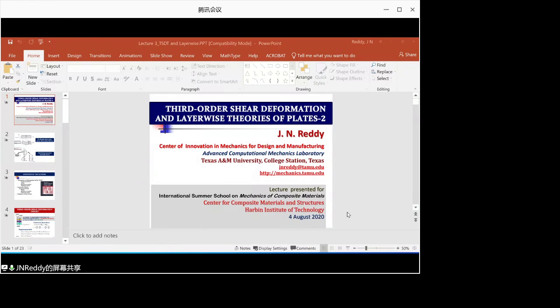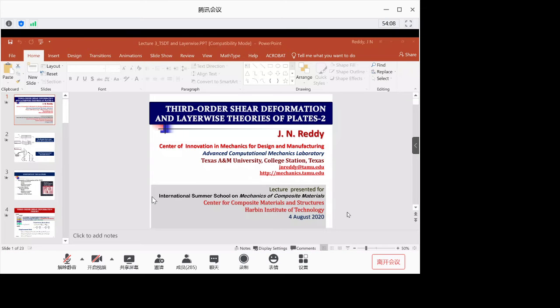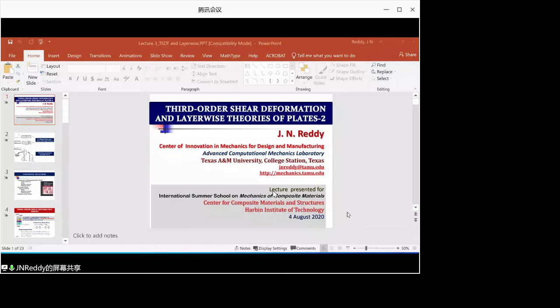Okay, there is one important thing. In real world problems, in a lot of cases, we have so-called refinements. We try to put a more refined mesh in regions where we want more accuracy. The same kind of thinking we extend to laminated structures.